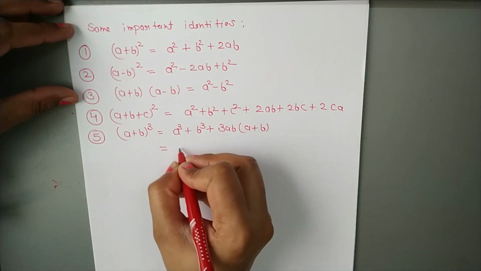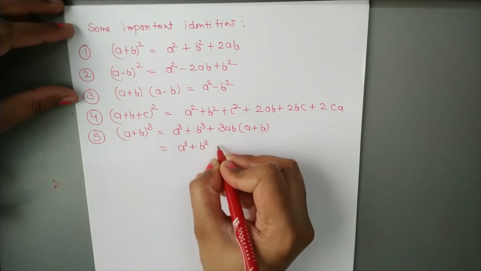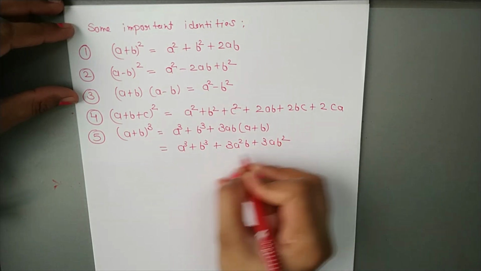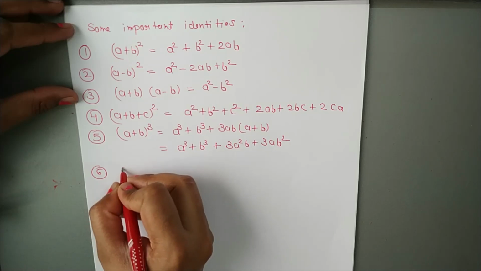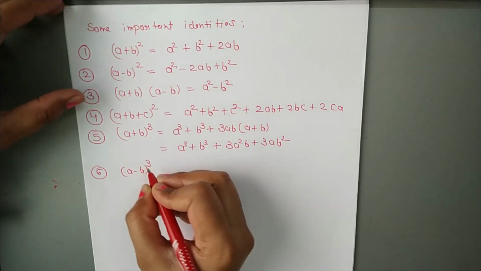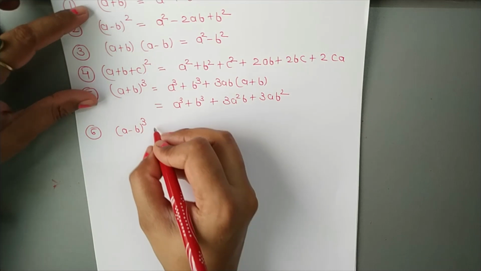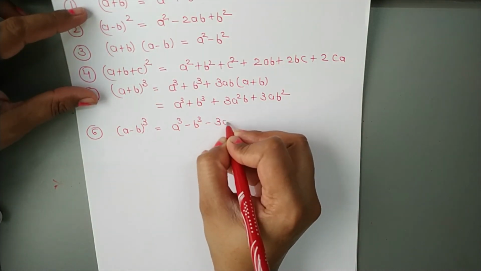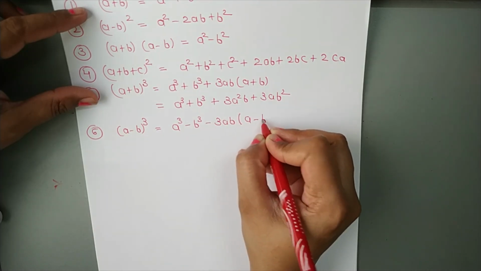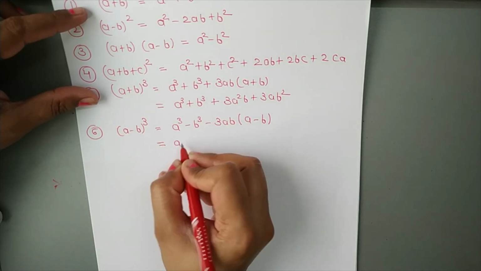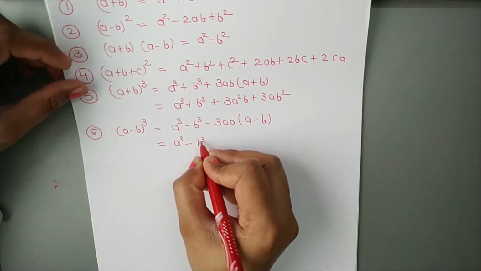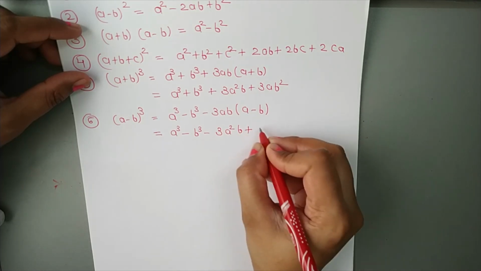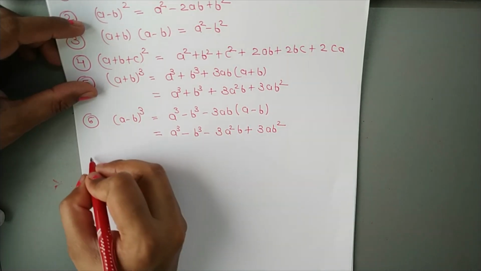So it will become a^3 + b^3 + 3a^2b + 3ab^2. Then the sixth one, (a - b)^3 = a^3 - b^3 - 3ab(a - b). So it will be a^3 - b^3 - 3a^2b + 3ab^2.